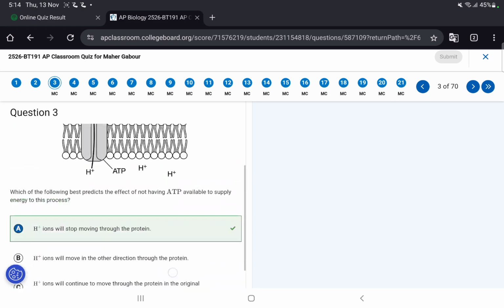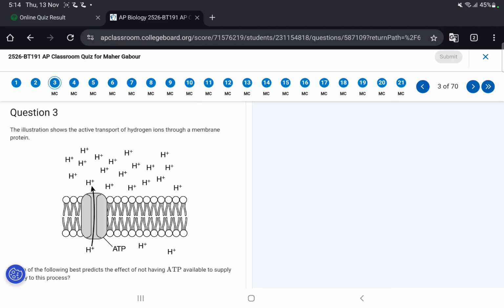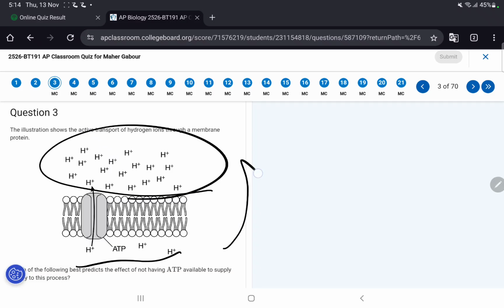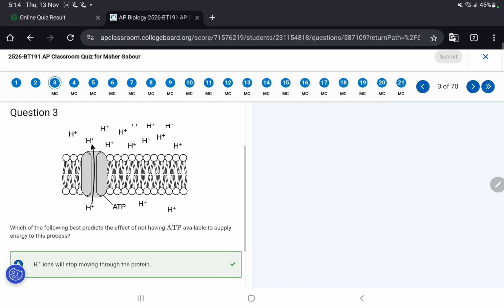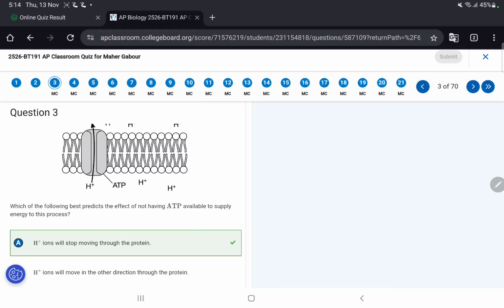This came in the last periodic. As you can see here, we have hydrogen moving from an area of low concentration to an area of high concentration. To go from low to high is called active transport, and for active transport, you need ATP. So they ask which of the following best predicts the effect of not having ATP.